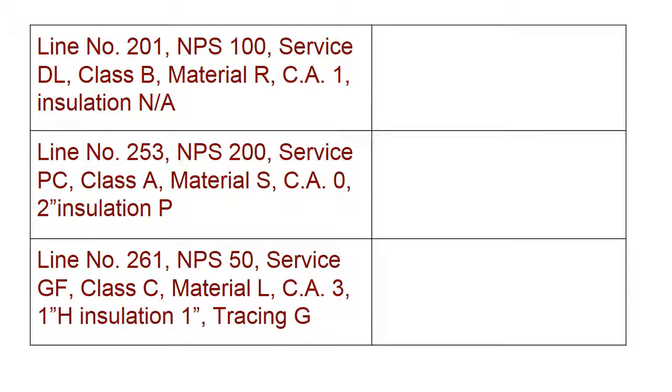Line number 253, NPS 200, Service PC, Class A, Material S, CA 0, 2-inch, Insulation P. Line number 261, NPS 50, Service GF, Class C, Material L, CA 3, 1-inch, H insulation 1-inch, tracing G.